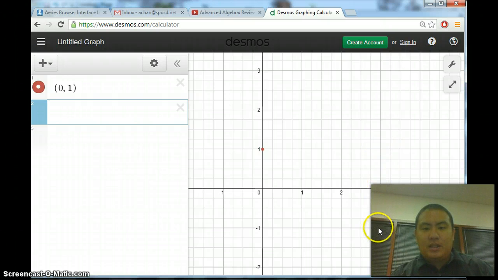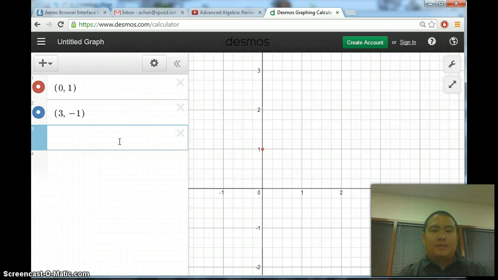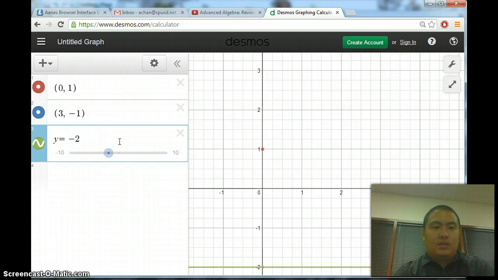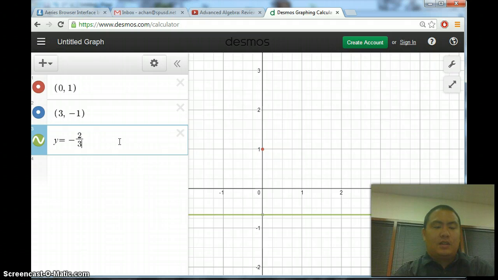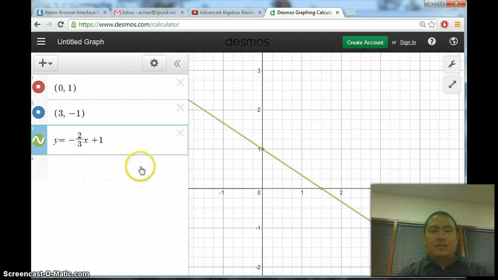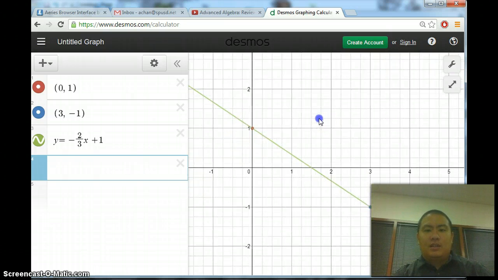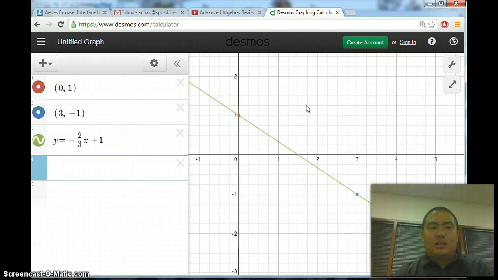That puts us right here at (3, -1). Now let's check that this is true. y is equal to negative 2 over 3 x plus 1. There is the slope-intercept form, and we have the line right there. So there is your first one.